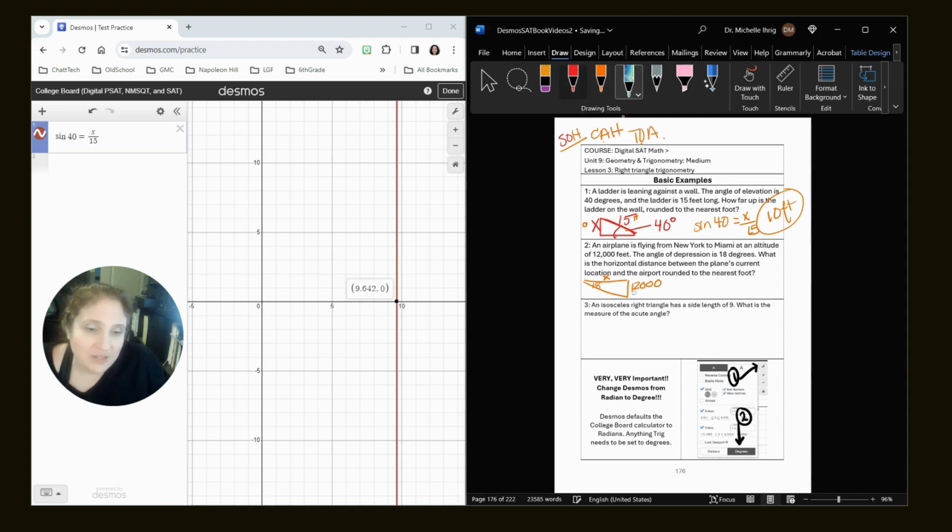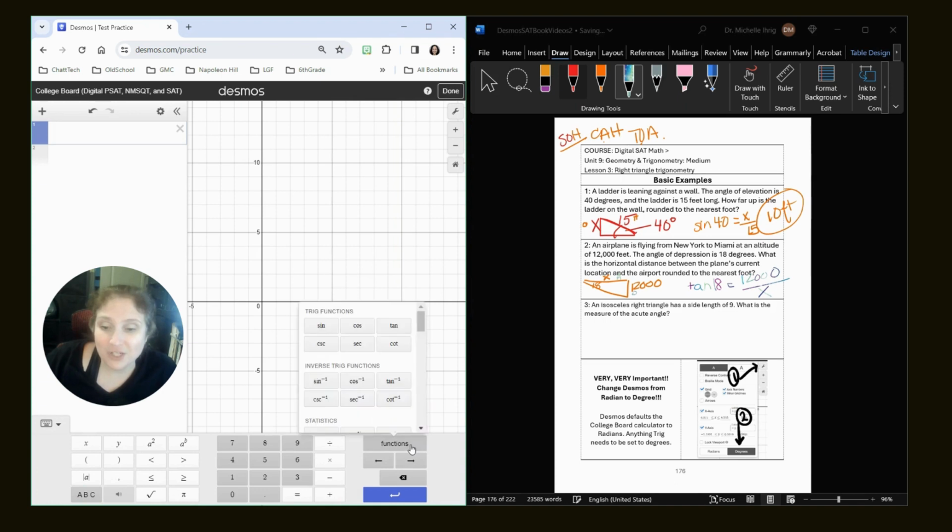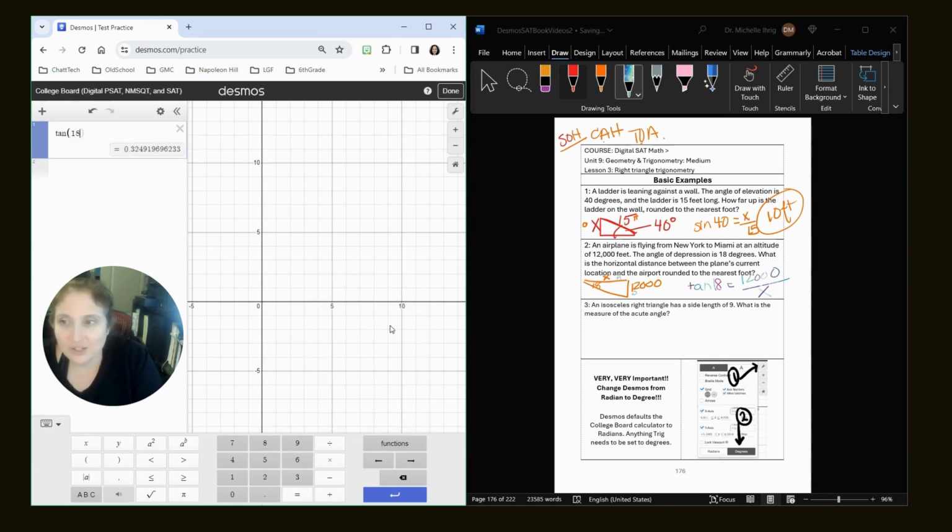We have opposite and adjacent, so we're doing tan. So we've got the tan of 18 equals my opposite, 12,000, over my adjacent, which is x. Guess what we're going to do? You can click here and do functions and then hit tan this way. I'm just so used to typing tangent, I just type the word tan. Equals 12,000 divided by x.